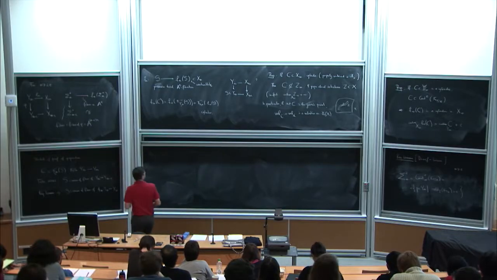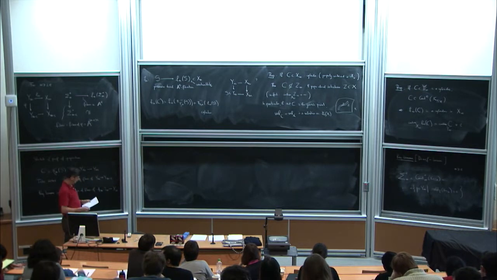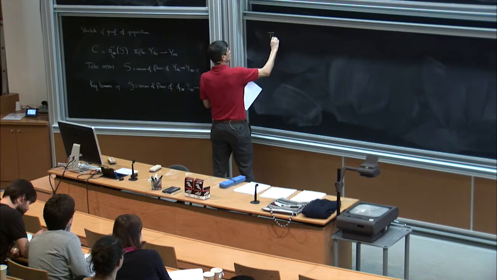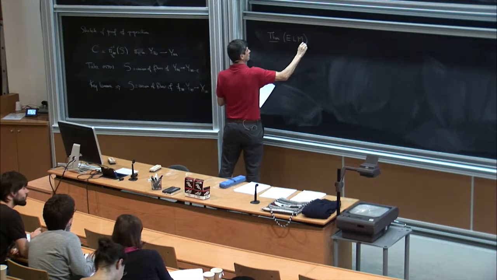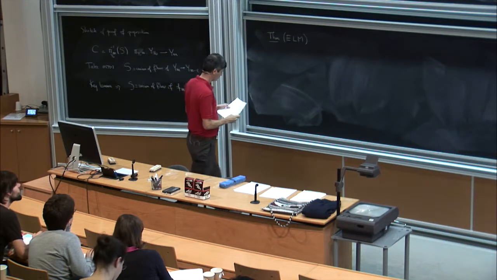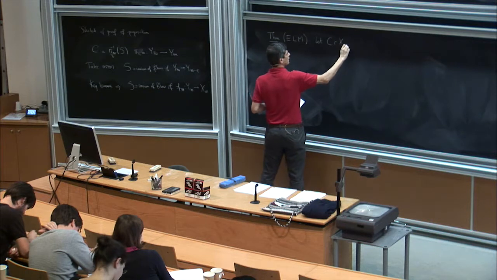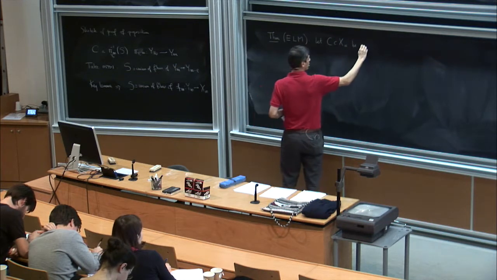So what I want to do now is to actually state again the theorem of Ein, Lazarsfeld and Mustață in a more precise way. So let X_∞ contain a cylinder C, which is actually irreducible.